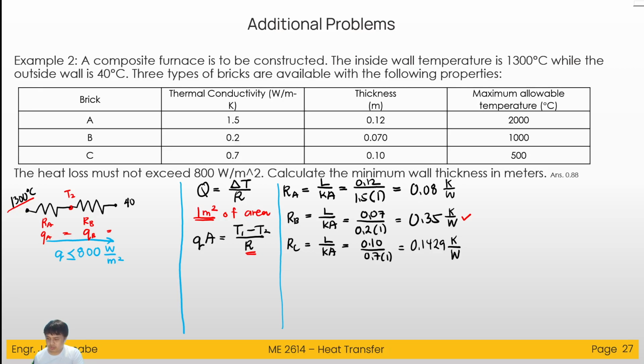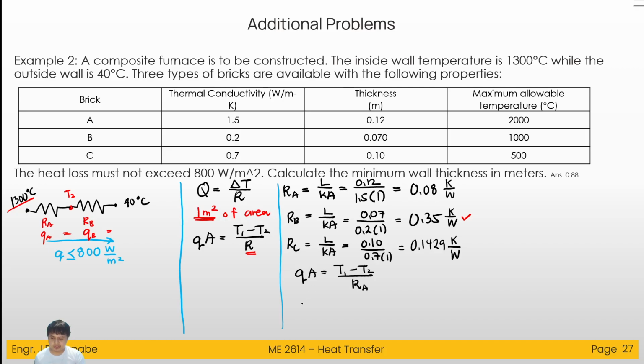So this will be 40 degrees already. Okay? So to solve for T2, you can imagine only one brick of brick A. You can find the temperature, so we have QA equal to T1 minus T2 over RA.